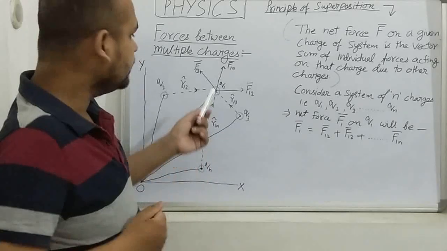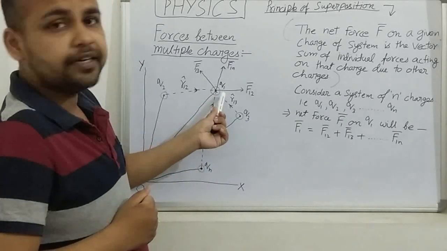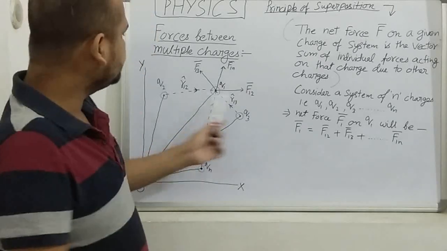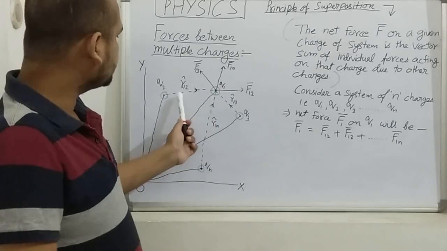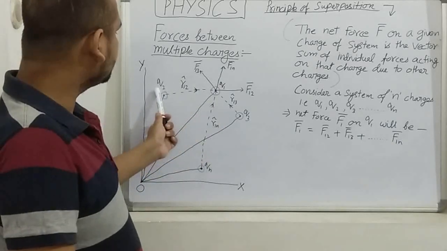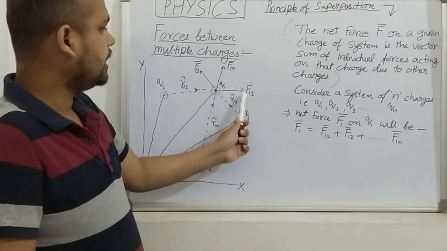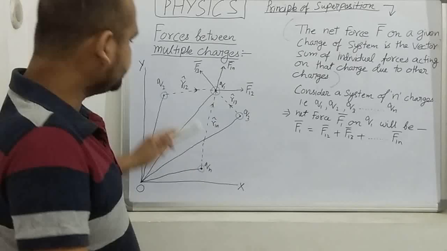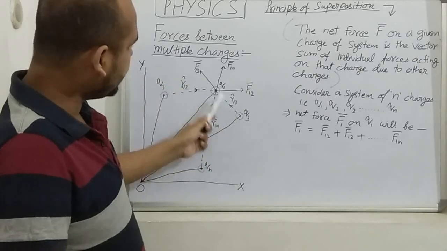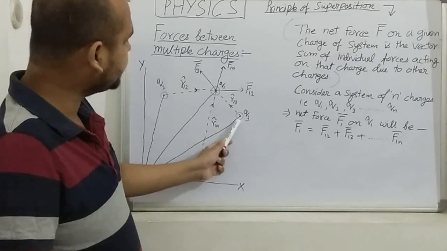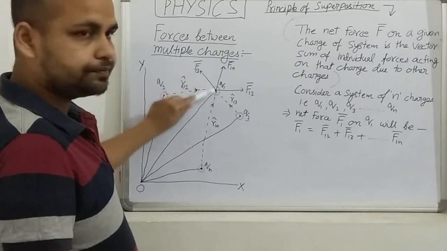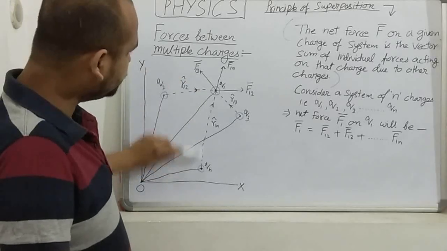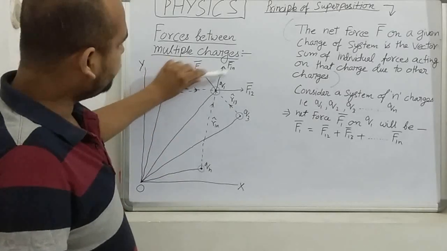Here you can see that the force on q1 due to q2 is F12, and the direction is also shown. Similarly, the force acting on q1 due to q3 is F13, and likewise the force acting on q1 due to qn is F1n.